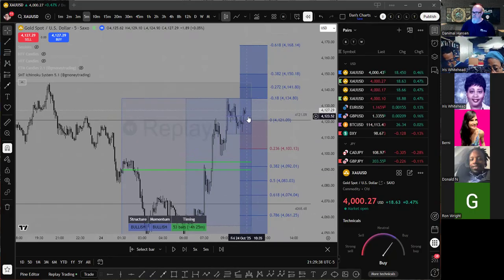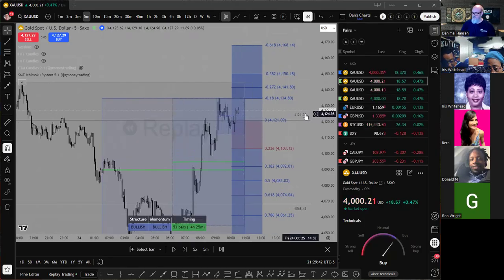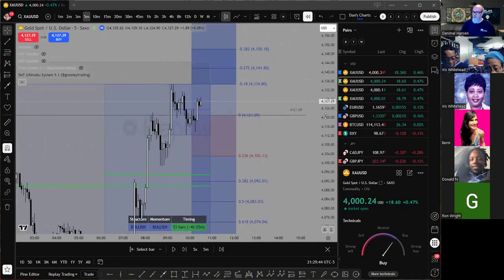But see how this 50% line of the 17 acts as a level of support. Price is trying to get below that, but doesn't want to. So structure and momentum are starting to push price up. But structure sometimes will win over momentum.